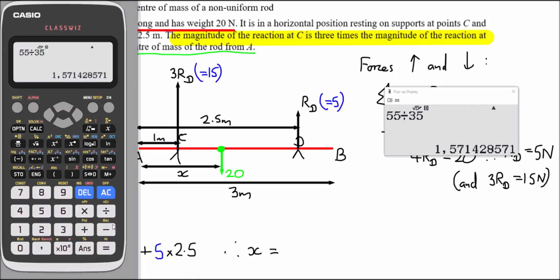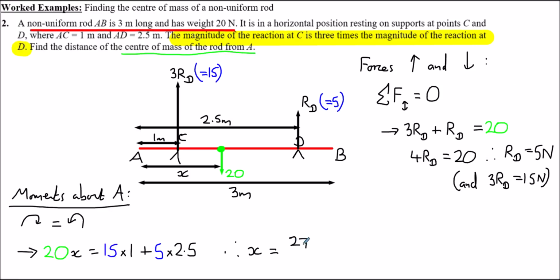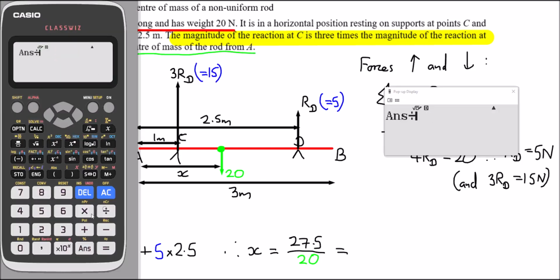So we can calculate this now if we want. 15 times 1 is obviously just 15. 5 times 2.5 gives us a total of 27.5. So 27.5, divide that by the 20, is 1.375 metres.